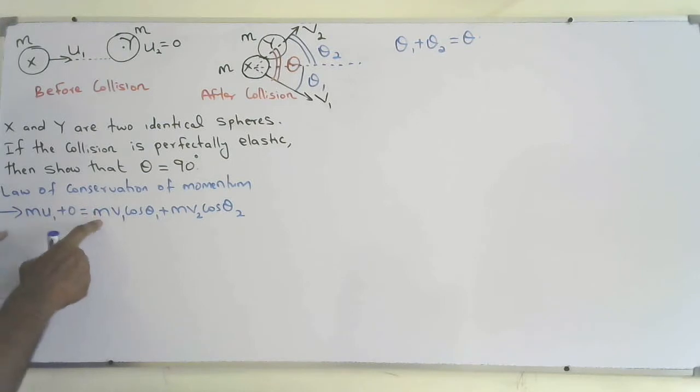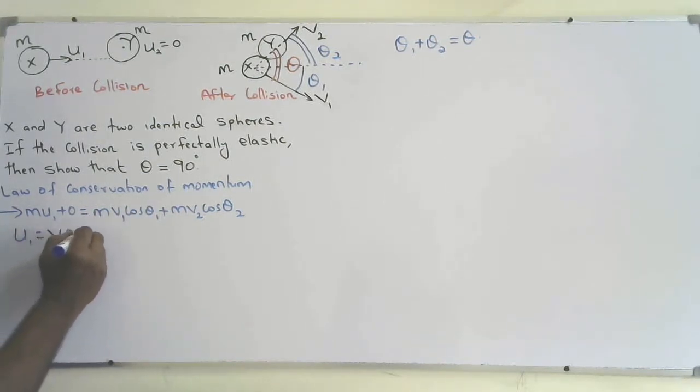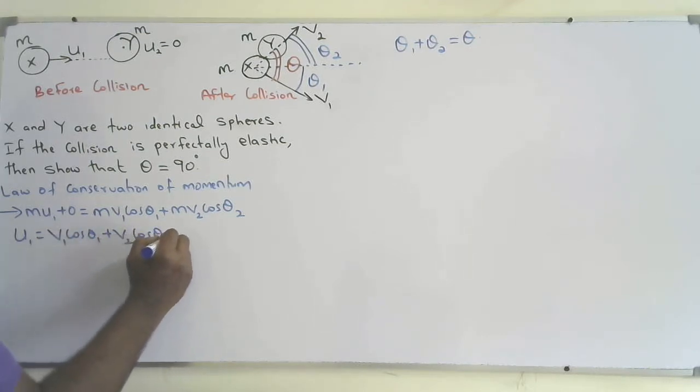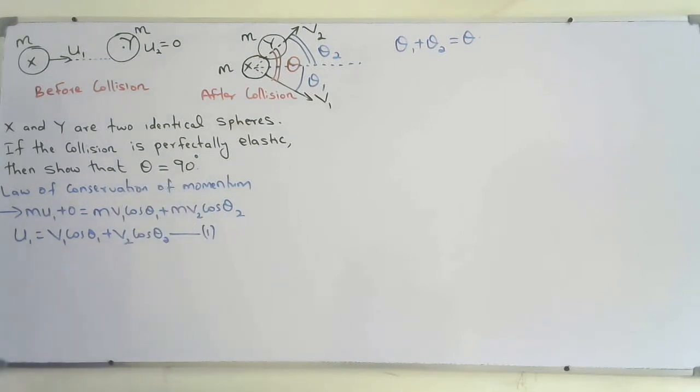I can cancel all the m. So u1 is equal to v1 cos theta 1 plus v2 cos theta 2. I'll take it as the first equation.